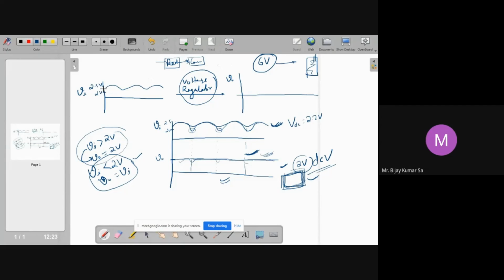The ripples should stay above the 6 volt range, and then we apply this signal to a voltage regulator which limits the voltage to a maximum of 6 volt by this rule, just replace 2 with 6.